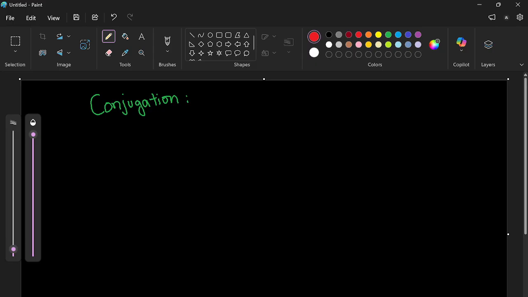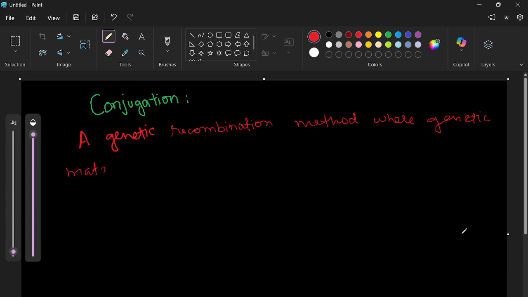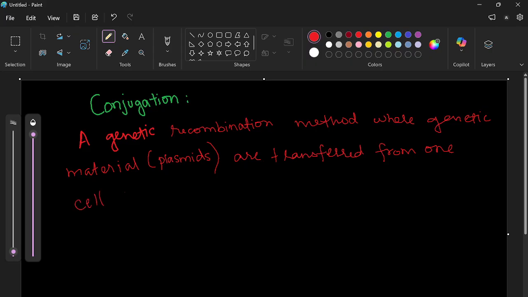So conjugation is a genetic recombination method where genetic material, in most cases a plasmid, but it can also be the normal chromosomal DNA, is transferred from one bacterial cell, so you all know I'm talking about the bacterial cell, to another cell via direct contact.